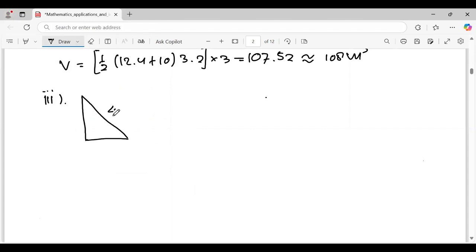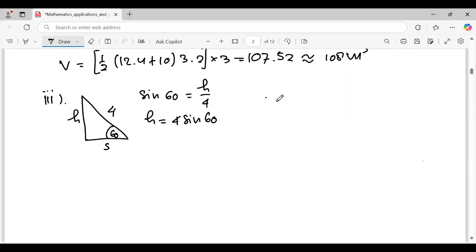So the slope is 4, and for example, this is h, and this angle is 60. Sine 60 is h over 4, so h equals 4 sine 60.